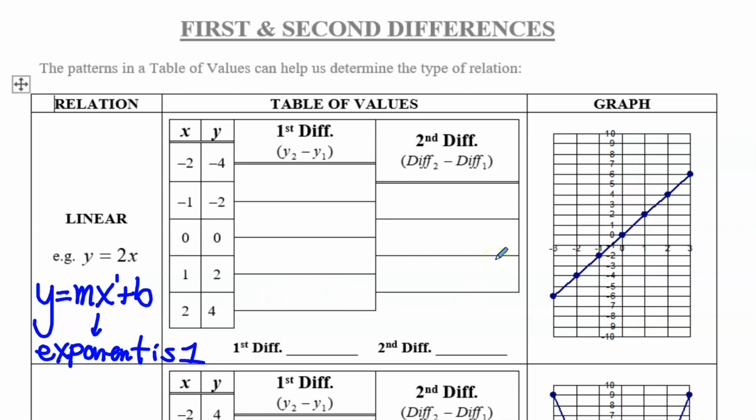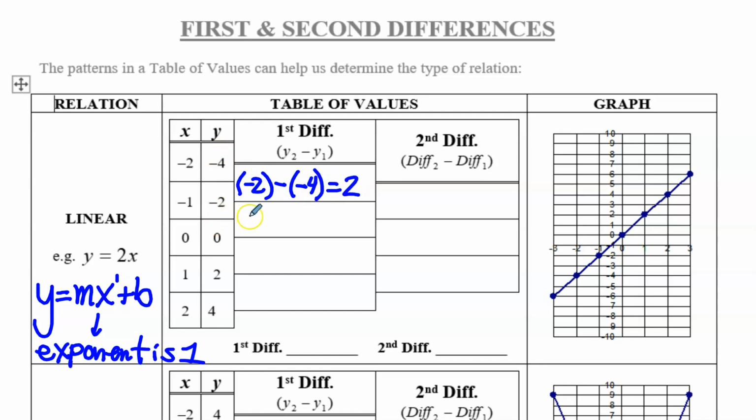We're also going to look at tables of values. To determine if something is linear from a table of values, we first look at the first differences. We take our second y value, which is -2, and subtract from it -4. So we do y2 minus y1.